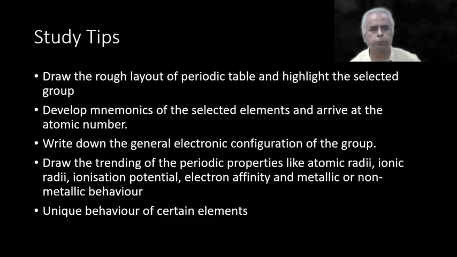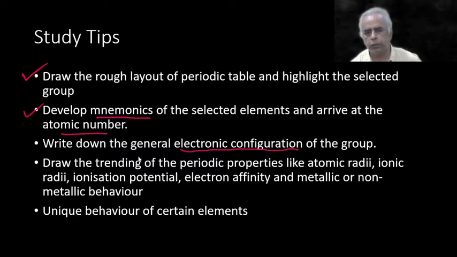So this is the way you have to handle any group of elements. We have discussed how to draw and how to arrive at the atomic numbers. You should remember some mnemonics, means some short form of memory, so that you can remember all the elements. And as I already mentioned, arrive at the atomic number, and then write down the general electronic configuration based on that.